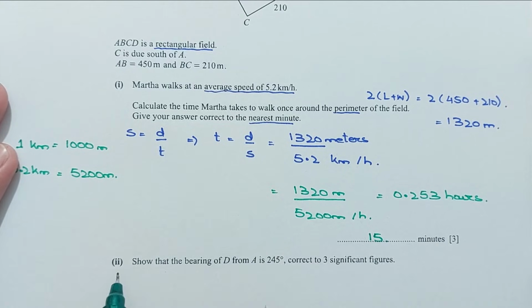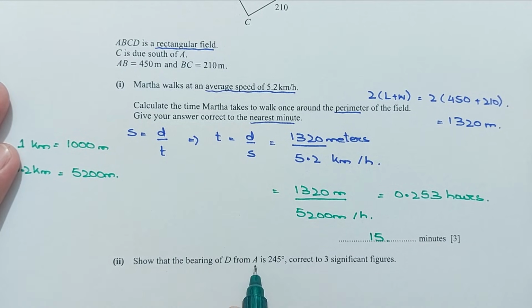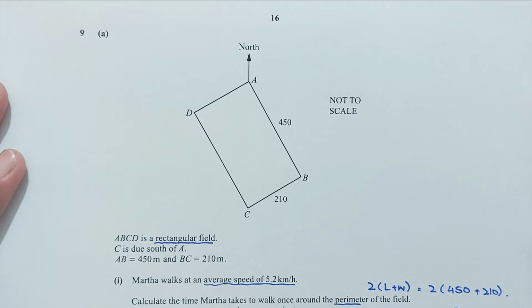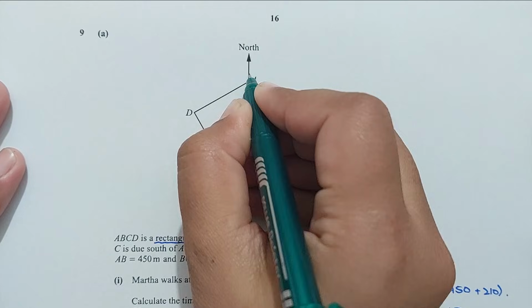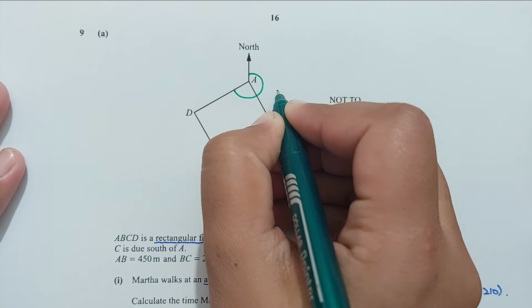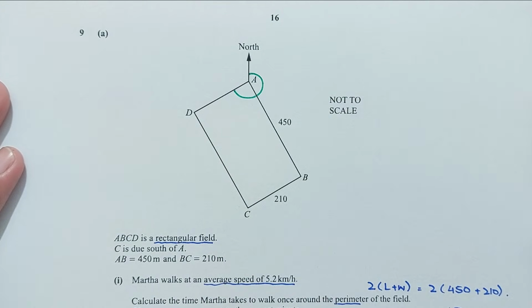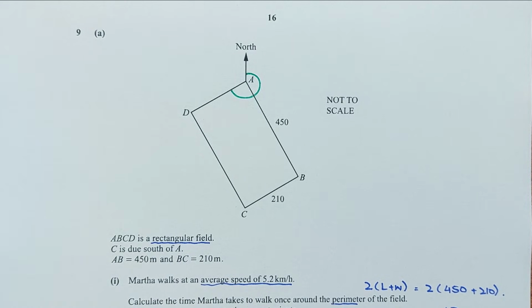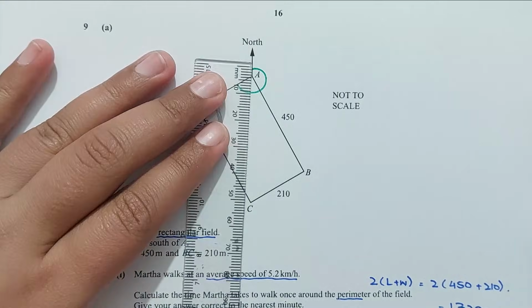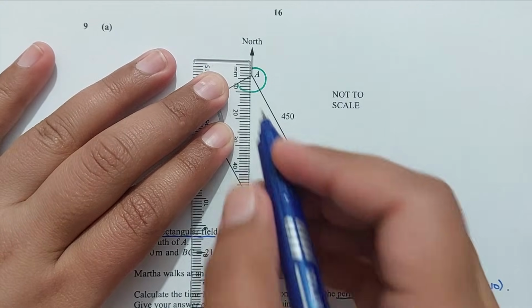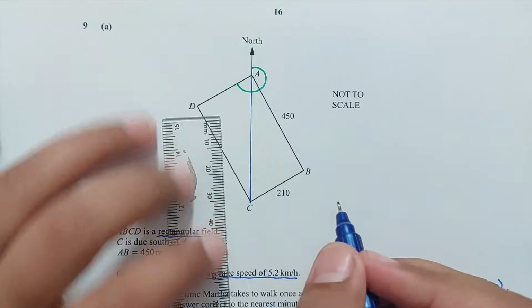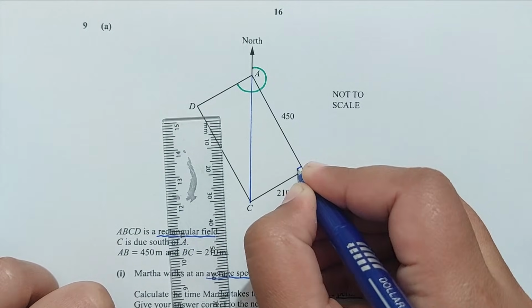Now for the second part, show that the bearing of D from A is 245 degrees, correct to 3 significant figures. The bearing of D from A means this whole angle should be 245 degrees. So let me break the rectangle here. If I connect A with C, connecting the diagonal, this is a right angle triangle.